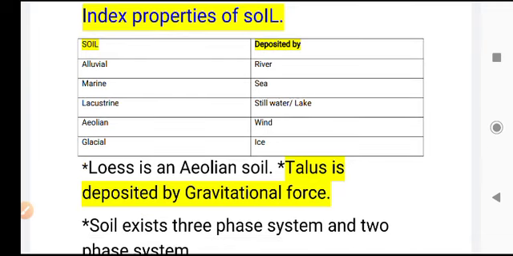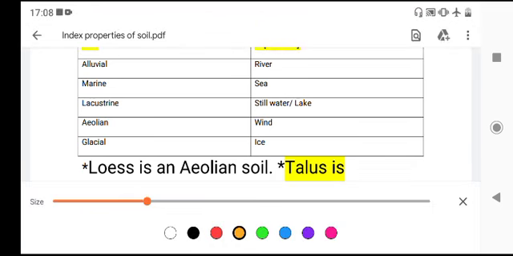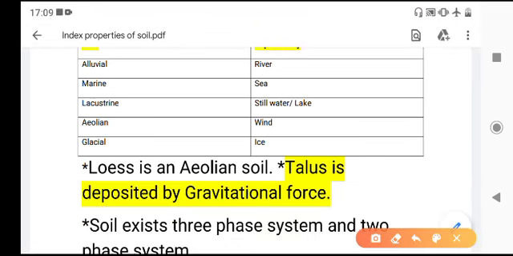Here, loess is an aeolian soil and talus is deposited by gravitational force. Loess is a loosely compacted, wind-blown sedimentation soil.